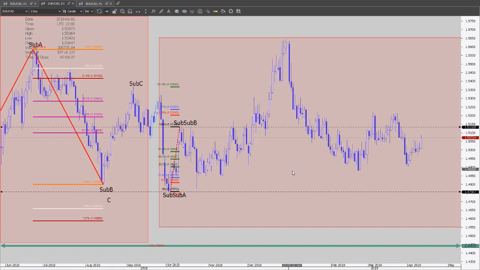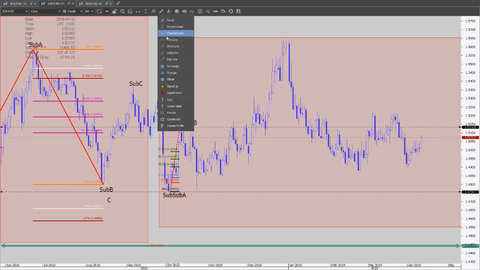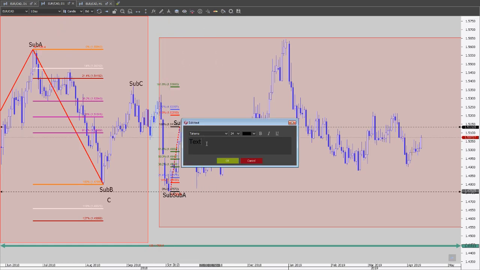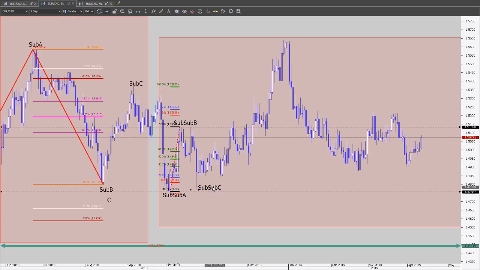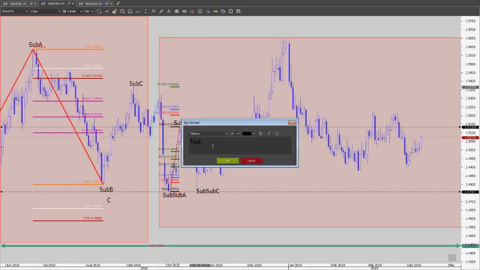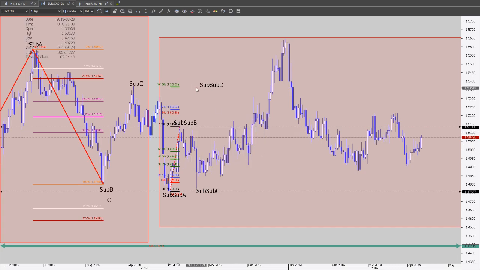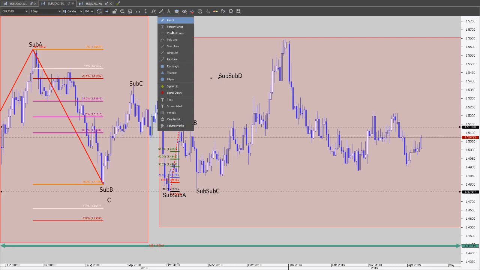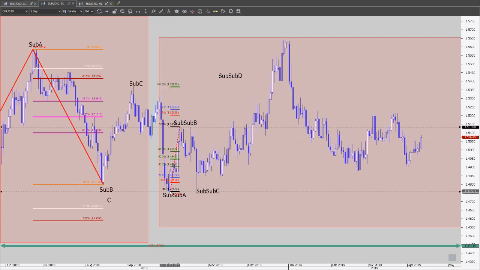Okay, so we have the sub A, we have the sub B, and of course we have the sub C, which is the red goes to red, and we have the sub D, right? Sub D. I'm going to keep track of the swings inside the third quadrant.